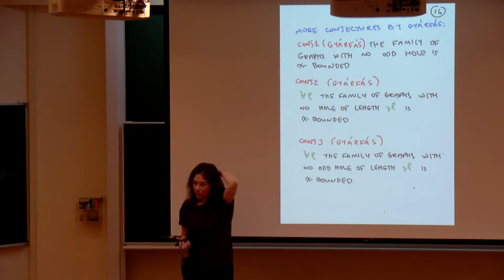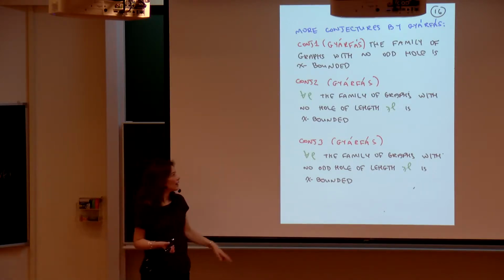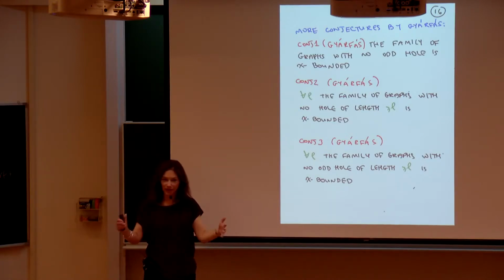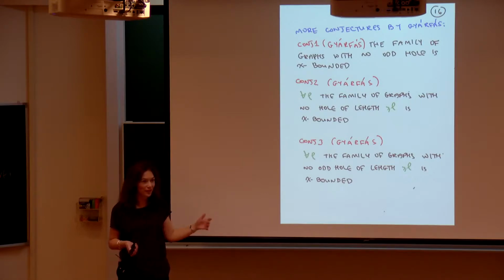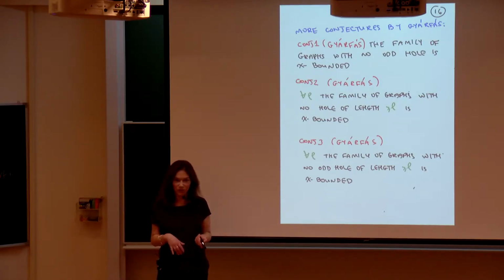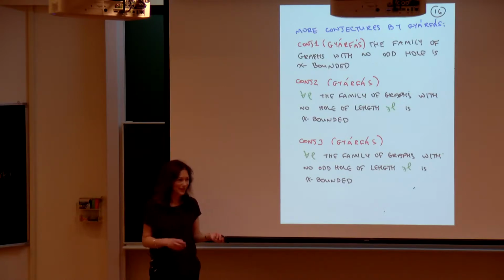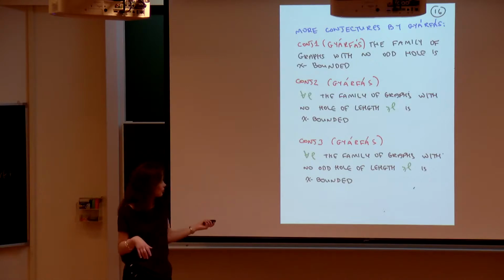I'm going to forbid all long holes, and I'm also going to forbid C5. So that's my next goal, to prove a theorem that says if you forbid all long holes and you forbid C5, then you get a chi-bounded family. And it's actually a theorem of Alex Scott from 1995. But it already has a lot of the ideas that went into all these proofs.